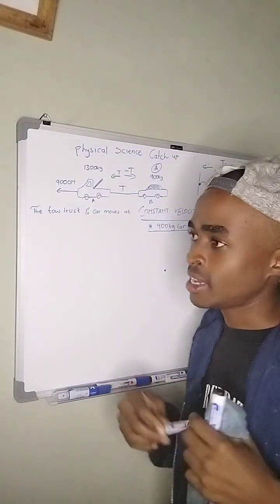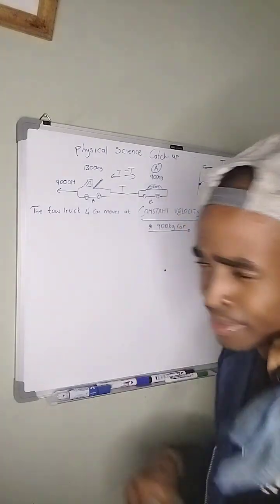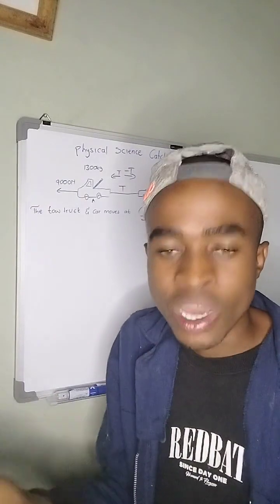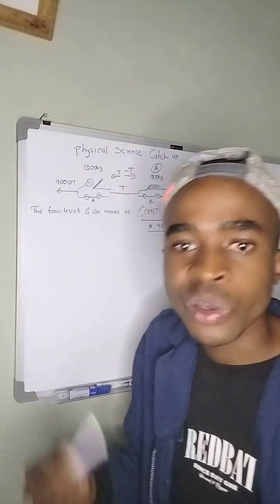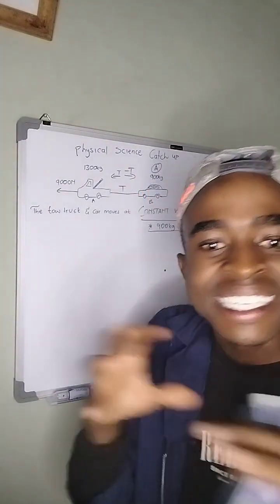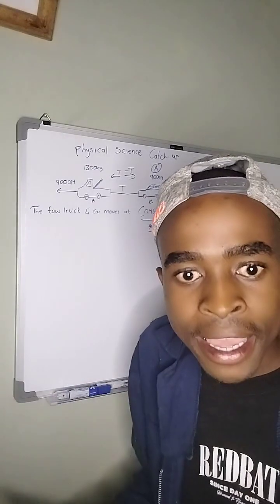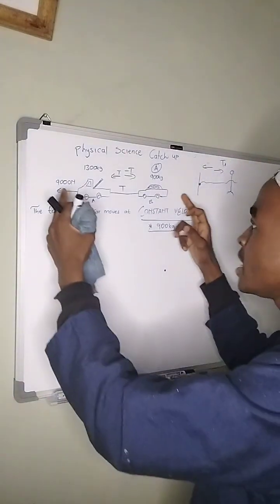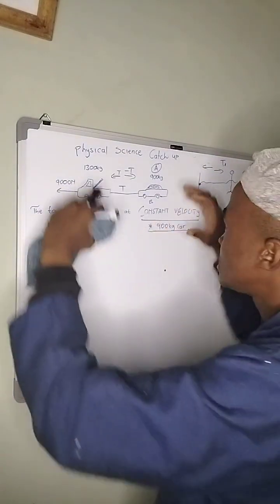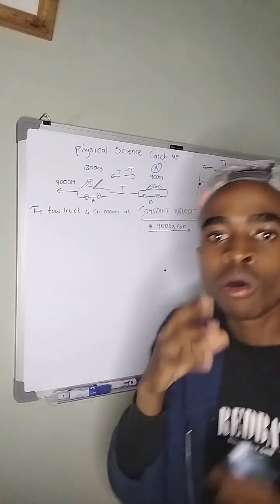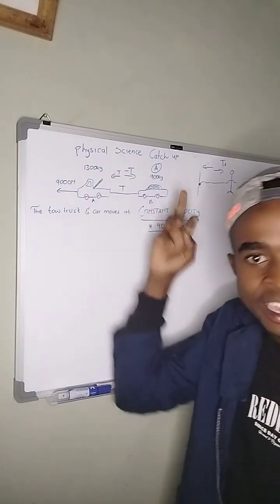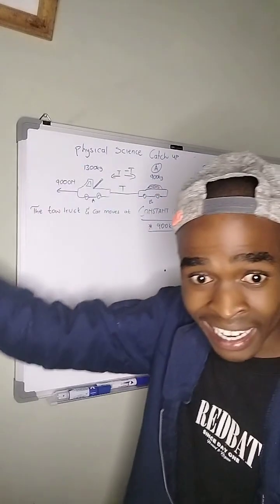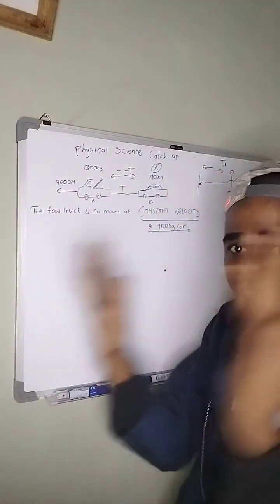Okay, let me be serious. Air is there. We know air is there. That's why we are isolating the system from the air, so that the system is just experiencing the forces we consider. Even here, air is there. In order for our calculations to be more accurate, we have to neglect the air friction. If the car moves in that direction, the air will come as a resistive force.